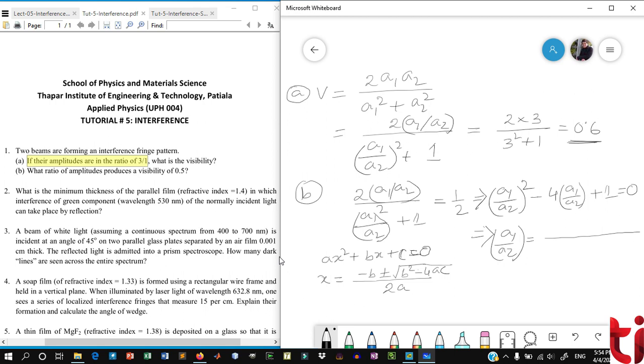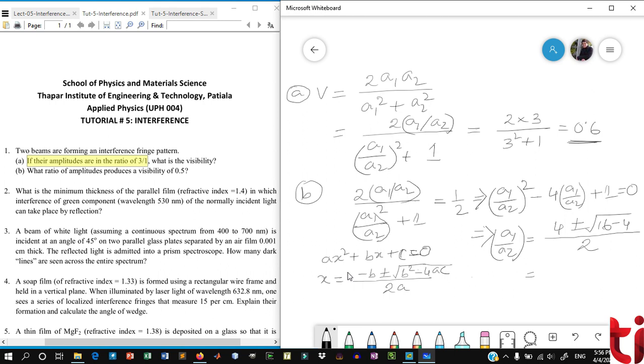So in this case, a1 by a2 is our x, and a is 1, b is minus 4, so here 2 plus minus square root of 16 minus 4. And with this, what we have is the result.